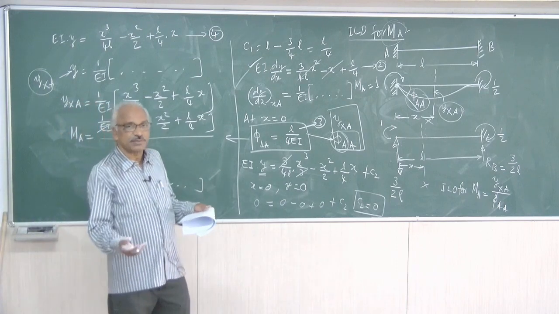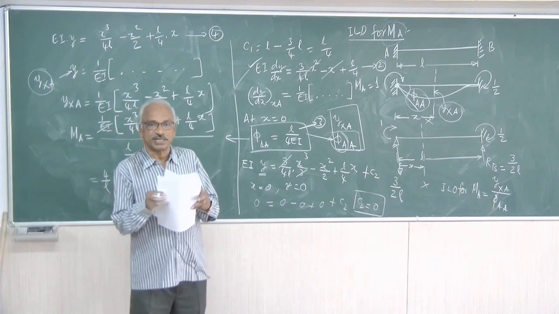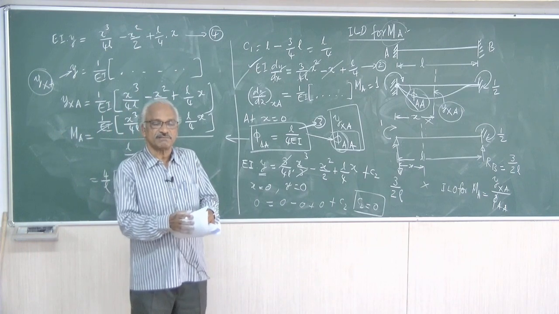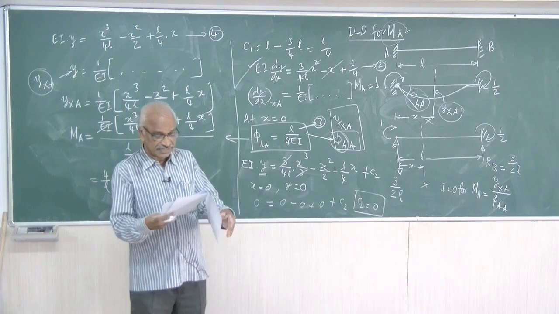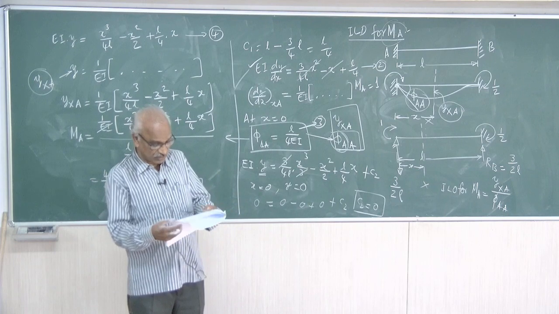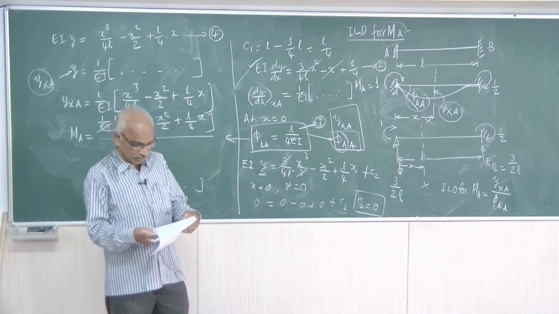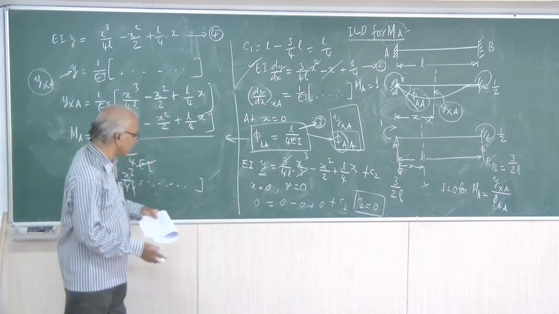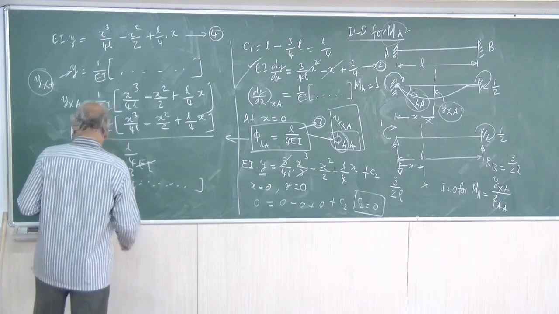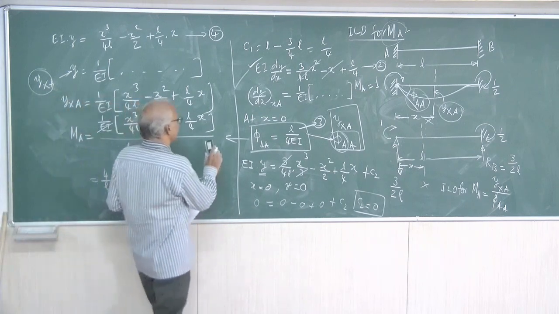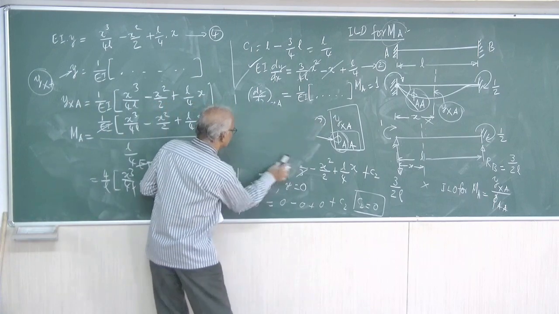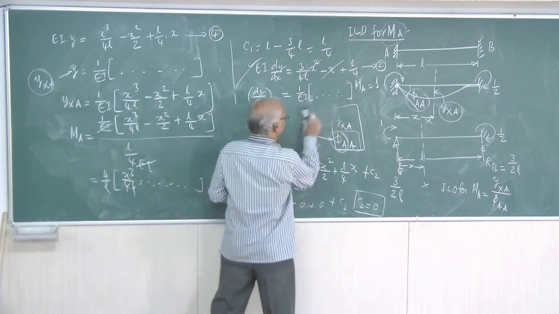Now in this equation, substituting different values of x, you will get the influence line ordinate. Again, finally I will just give you the equation after substituting and simplifying.